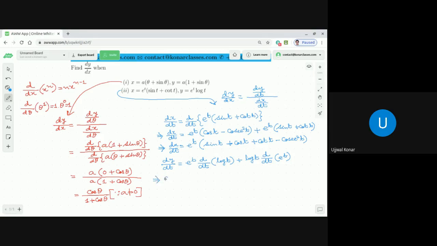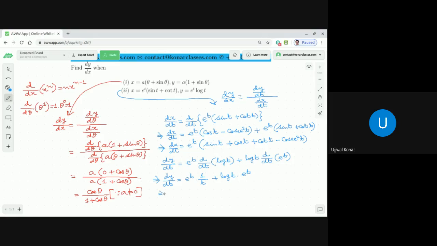Yes, sir. So this implies dy/dt is equal to e^t, d/dt of log t is 1/t, plus log t into d/dt of e^t, which is e^t.